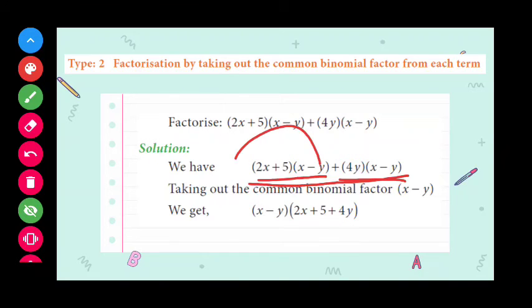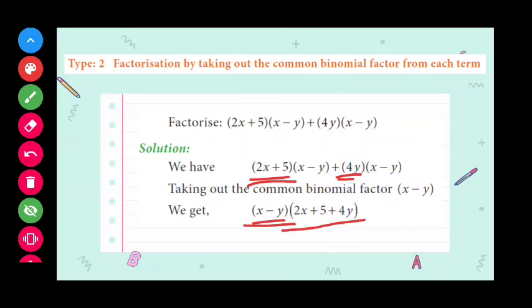After taking x minus y in common, we have 2x plus 5 plus 4y. So we now have two factors, which are x minus y and 2x plus 5 plus 4y.